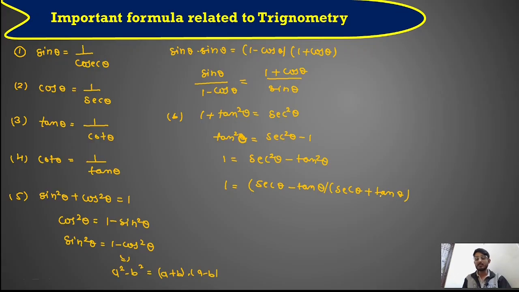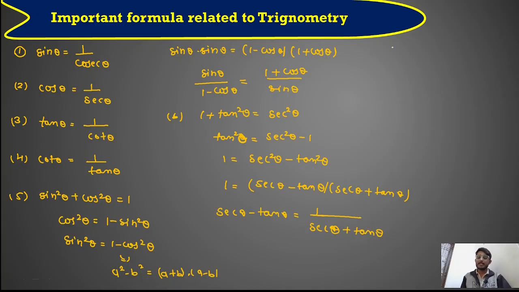Since there is a multiplication operation between them, whenever you find the value of sec minus tan theta, you will get sec minus tan theta equals 1, and when you transfer sec plus tan theta, it comes in denominator form. That means sec minus tan theta equals 1 upon sec theta plus tan theta. It means you can say that sec minus tan theta is always the reciprocal of sec plus tan theta.